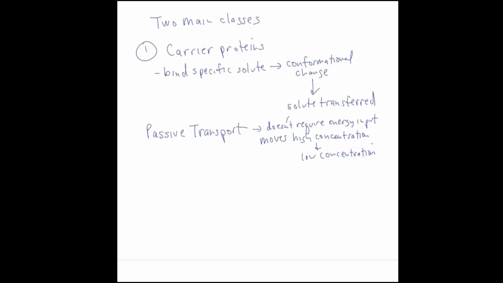So we call this passive transport, because we're going from a high concentration to a low concentration, keeping it simple. Of course, there's an electrical component in some cases. We can call this facilitated diffusion. So you know how things move from a high concentration to a low concentration. This protein is just facilitating that process.